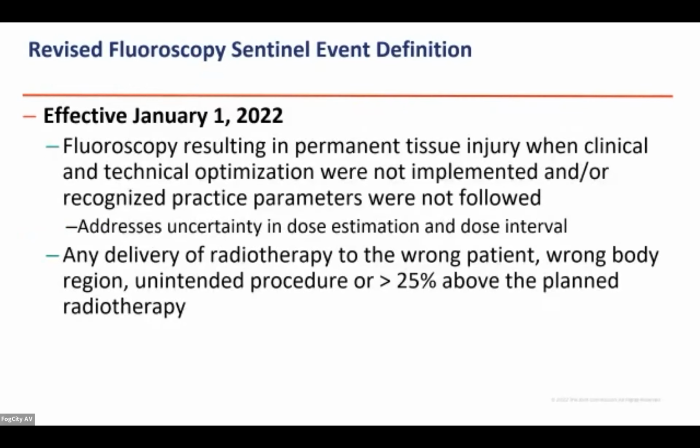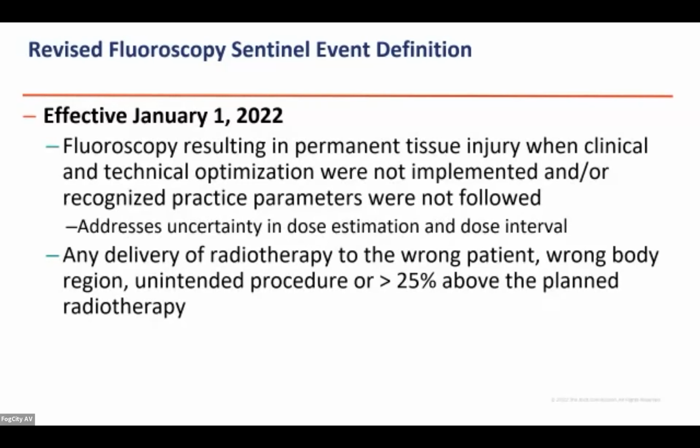But you did everything right. There was nothing that was inappropriate in performing that study. So it's only in that case that you should report a sentinel event due to fluoroscopic exposure. Again, as I noted in the line under there, that 1,500 didn't really talk about the interval at which you acquired that dose.